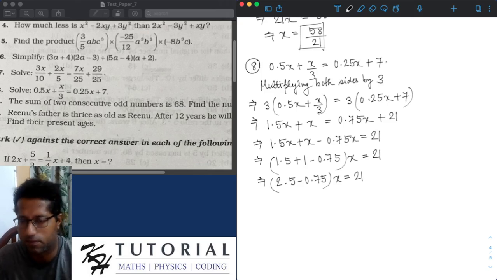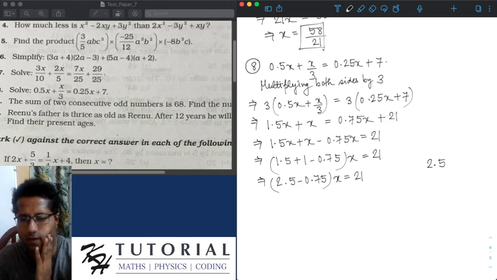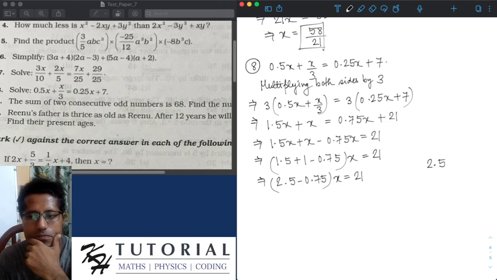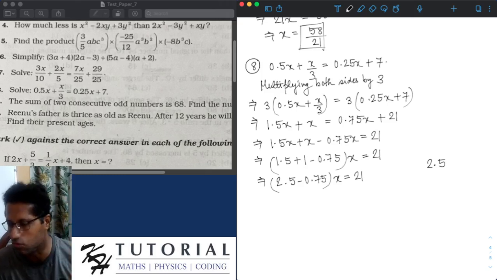So how do we subtract two decimal numbers? We have studied in the chapter on decimal numbers how to subtract two decimal numbers. First we write the bigger decimal number, that is 2.5. First we convert all the decimal numbers to like decimals.